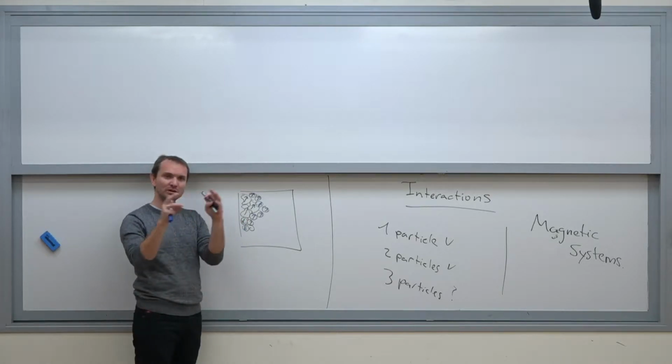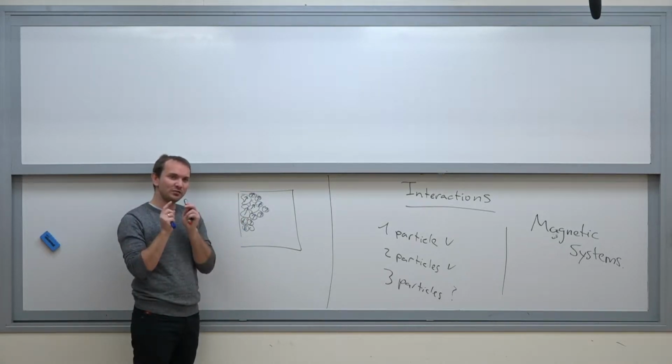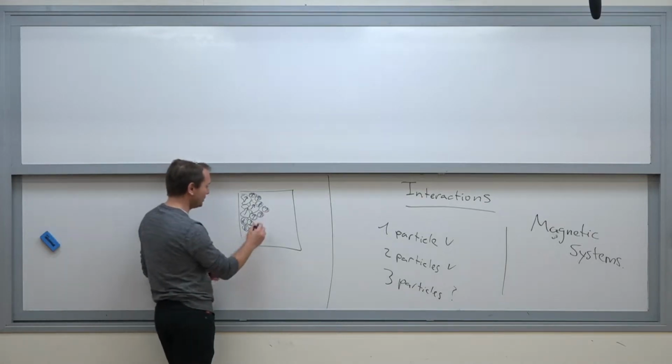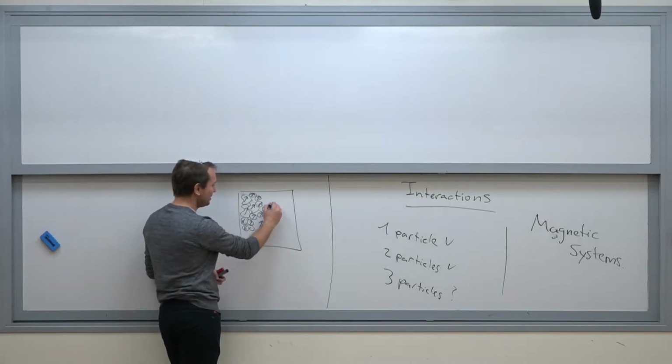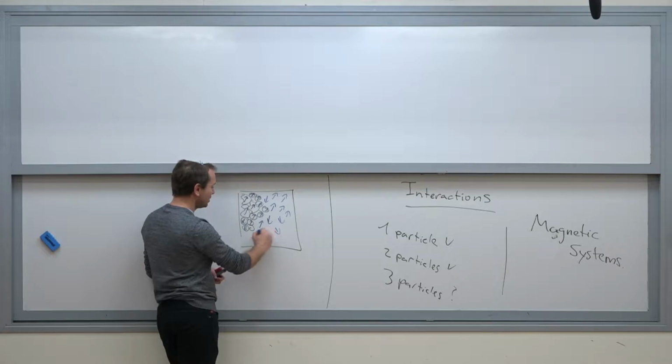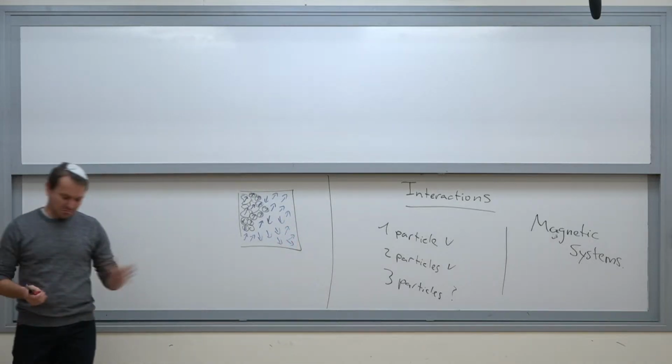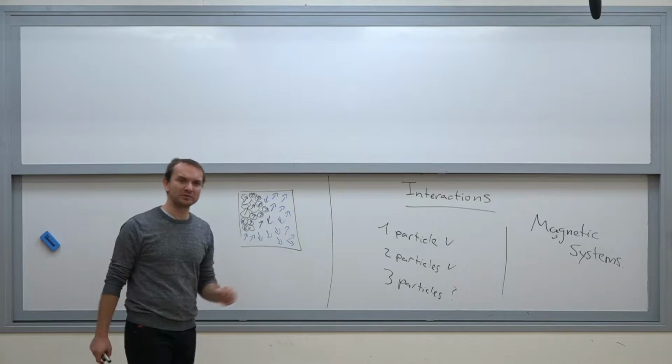A lot of small particles or small regions, but each of them has its own intrinsic direction. And in general, those intrinsic magnetizations, okay, can actually show any direction whatsoever. Okay.